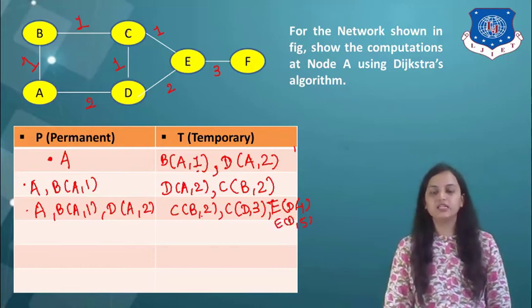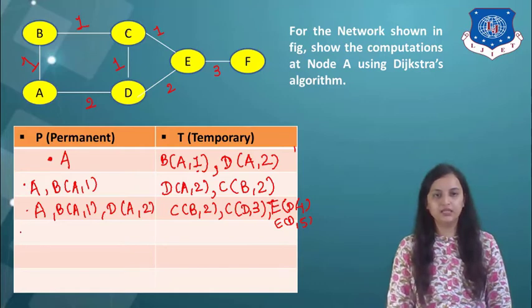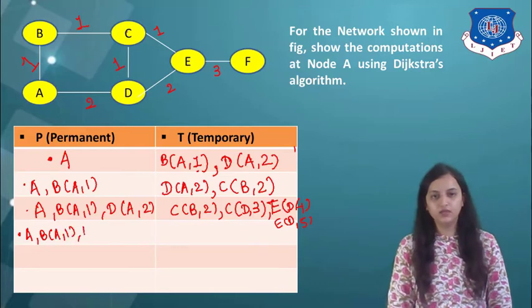Now you have to select the smallest value from all of these values. As you can see, the smallest value from 2, 3, 4, 5 is 2. So we need to shift it on the permanent side. So now on the permanent side, the values will be A, BA1, DA2 and CB2.